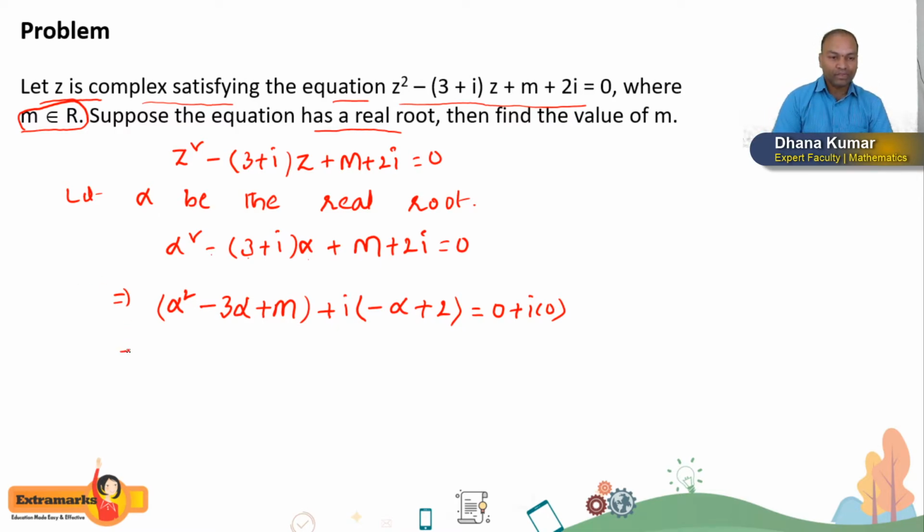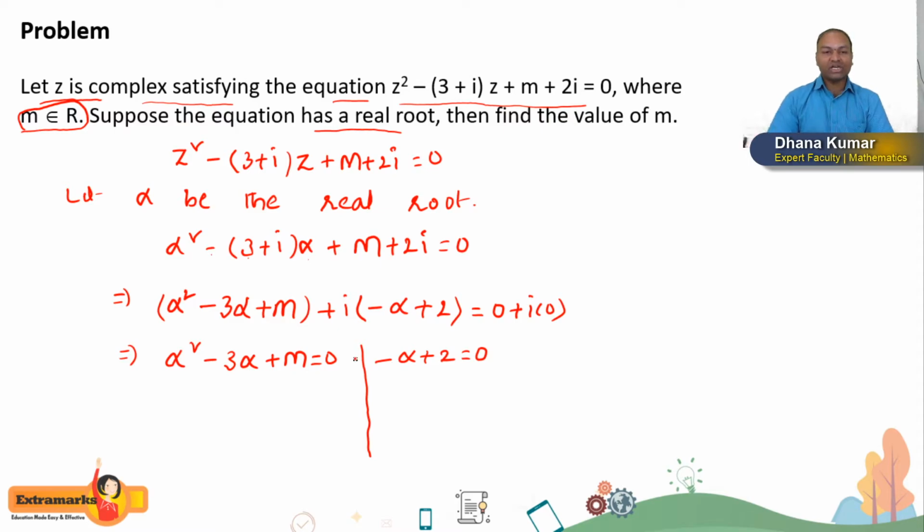Simple question. This implies alpha square minus 3 alpha plus m is equal to 0. Next, here, minus alpha plus 2 equal to 0.